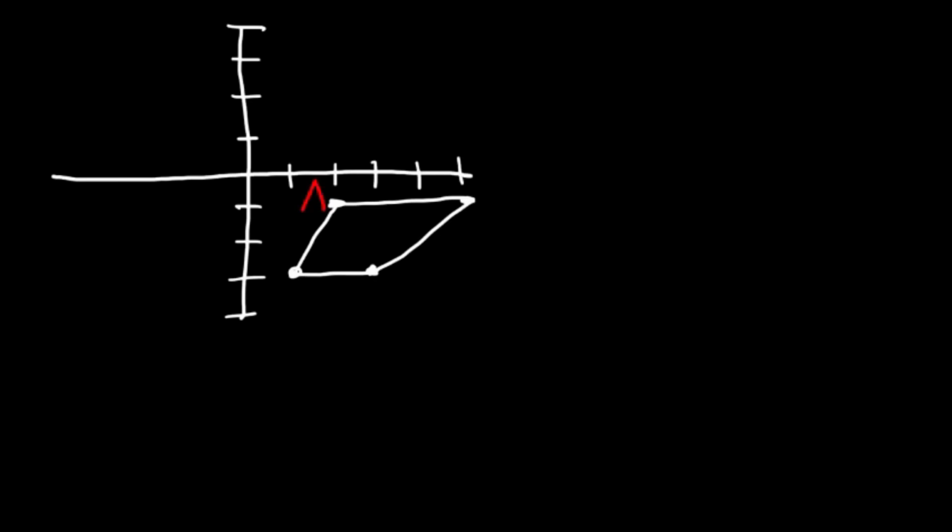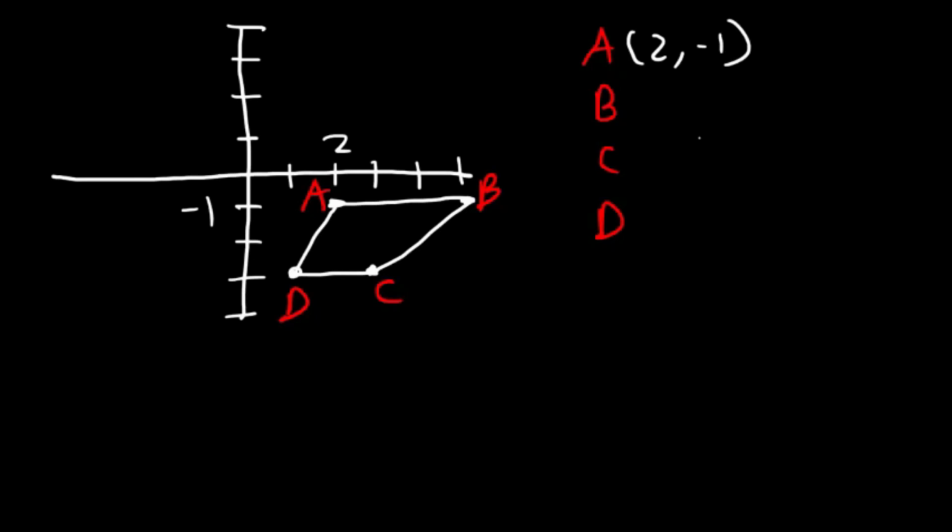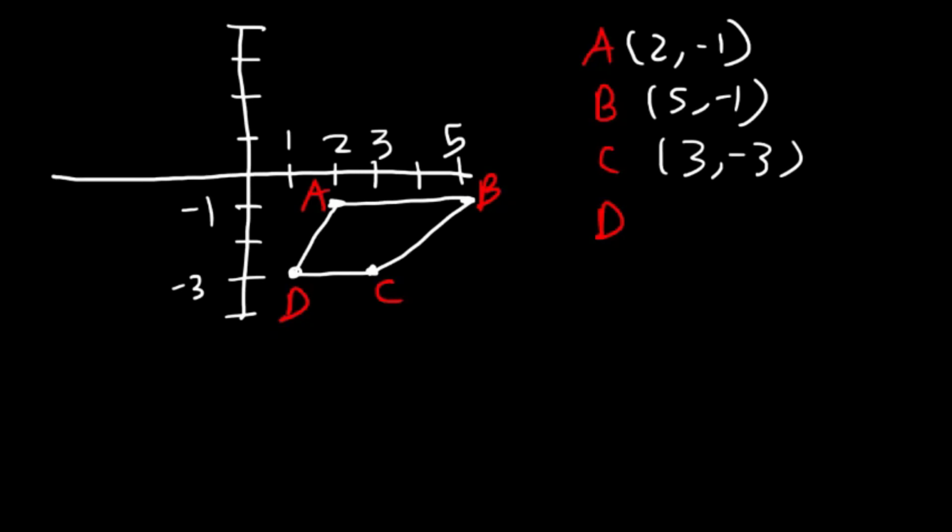So let's call this A, B, C, and D. So go ahead and work on this problem. So A is located at 2, -1. B is located at 5, -1. C is located at 3, -3. And D is located at 1, -3.